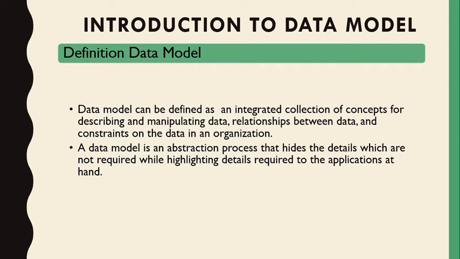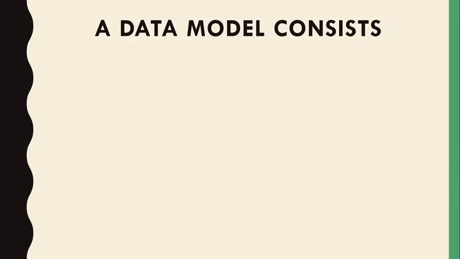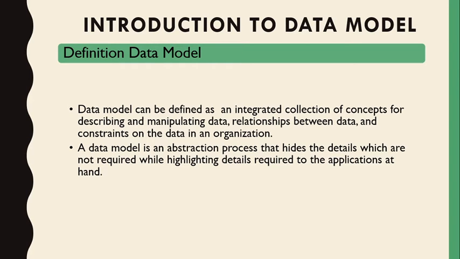A data model defines in which format the data are represented and accessed. It defines the data elements and the relationships between the different data elements. That is the data model.